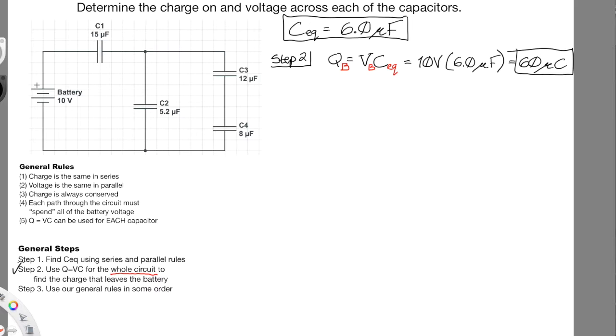Now we get to step 3, the one that generally throws people off. We have to use our general rules in some order or another. So I'm going to walk you through the series of steps here, and I'm going to make it clear which general rules I'm using for my step 3. So everything down here is going to be step 3.